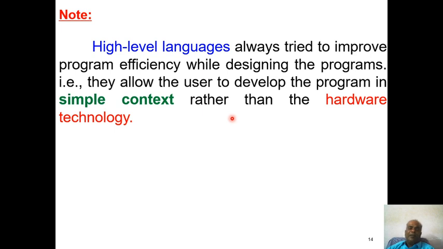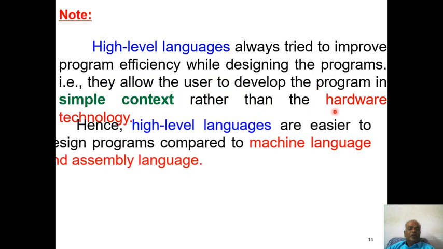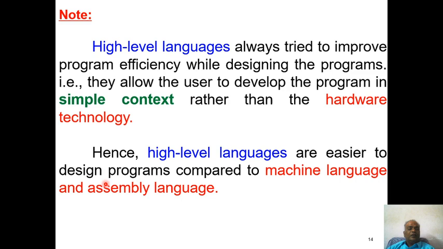Debugging is also very easy in high level languages, whereas in machine level language it is somewhat difficult, because all the instructions are in the form of zeros and ones only. So high level languages are easier to design programs with compared to machine level language and assembly language.